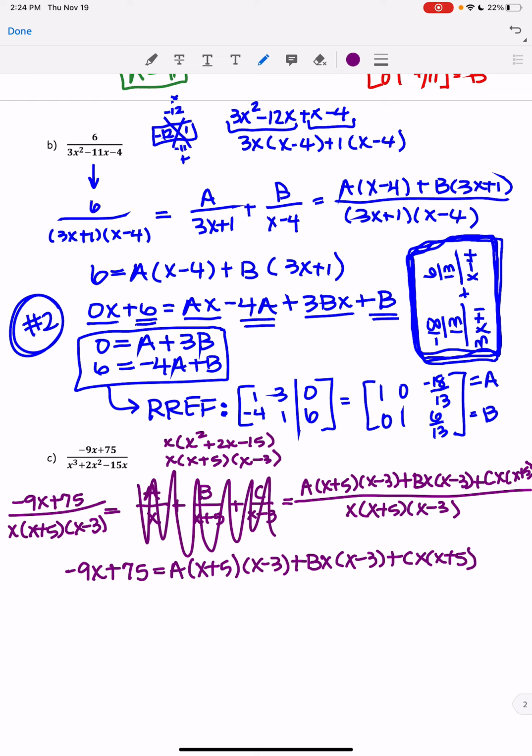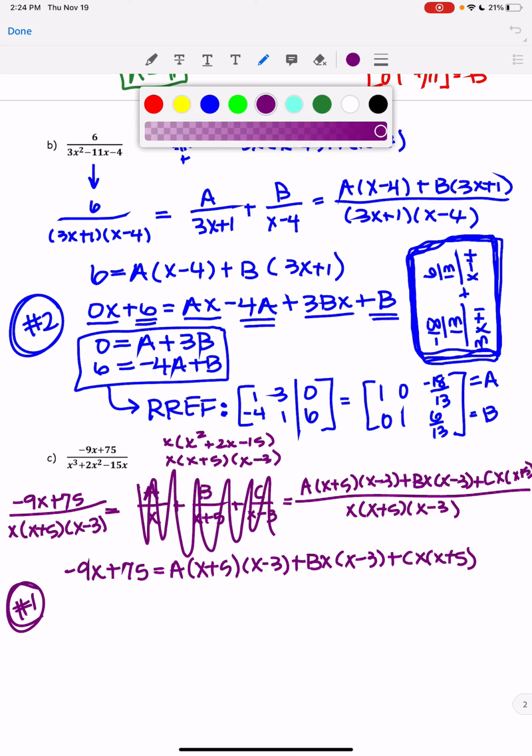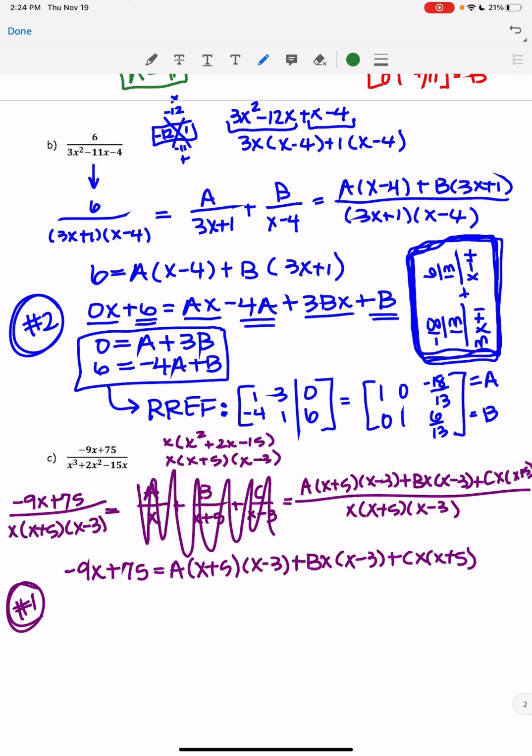Okay, we are using option 1, which means I'm trying to get some zeros in here. So the first thing is, if I have this multiple here of x, then x just equals 0.